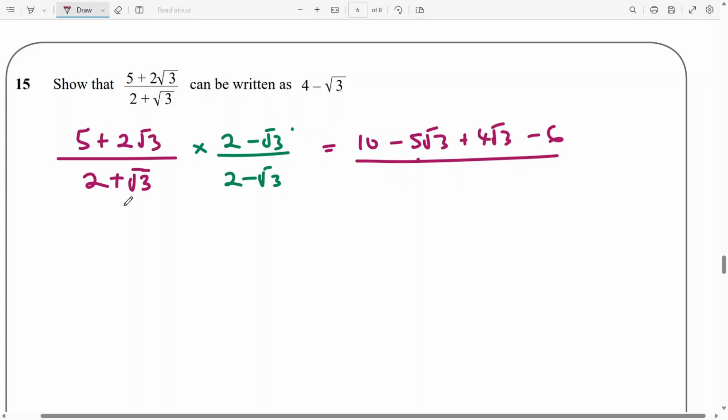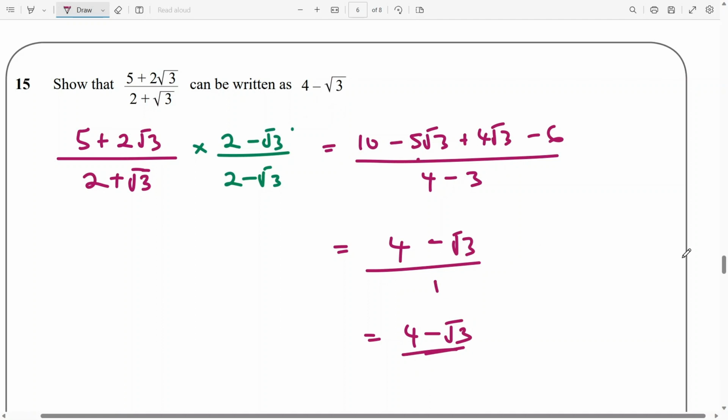And then we can expand the bottom because this is a kind of opposite, so I think it's safer for me to say this is going to be 4 minus 3. And if I simplify this, 10 minus 6 is 4, and minus 5 root 3 plus 4 root 3 is just minus 1 root 3, divided by 1. And this is going to be 4 minus root 3. So you can see that's done.